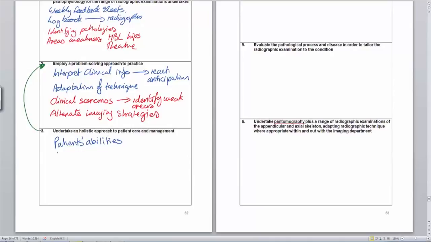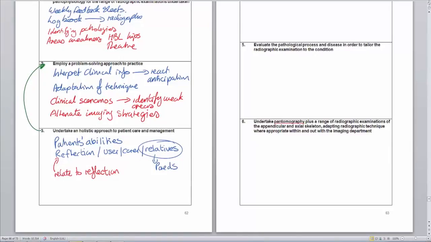So some of the things that you might want to get off your students here is perhaps a reflection. And also it's not just about the patient's abilities here, it's also about the user, carer, relative. Obviously a good example of this, as I've mentioned before, is around paediatric patients as well. So the sort of feedback that you might want to give to the students could be with relation to their reflection.